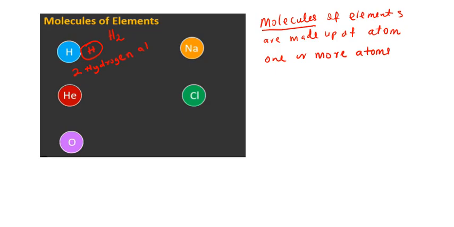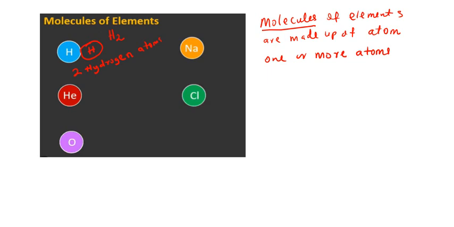So this is a molecule of elements. Remember that molecules are made up of one or more atoms. So here we have two atoms of hydrogen making up a molecule of hydrogen.